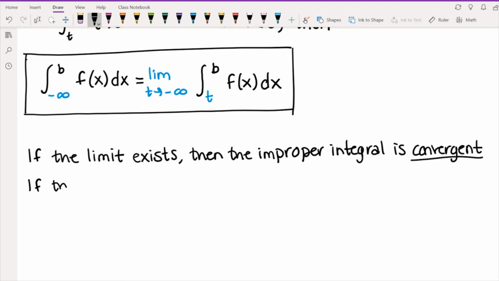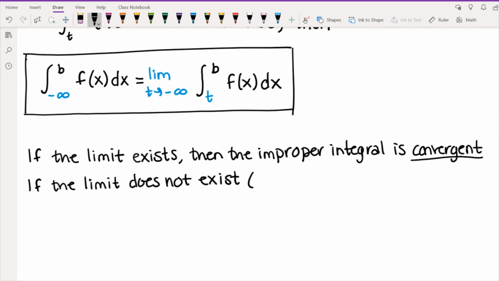If the limit does not exist, and when I say does not exist, that could happen in a few different ways. One is something like the graph of sine of x, which we talked about a few minutes ago, where the limit doesn't exist. We'll see an example like that.